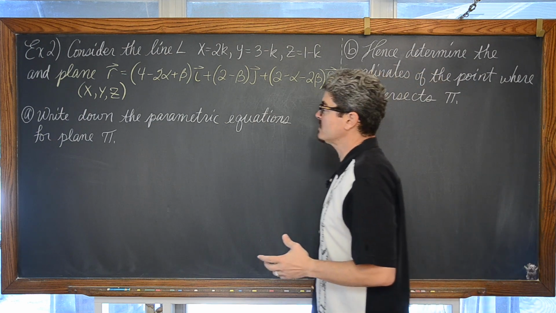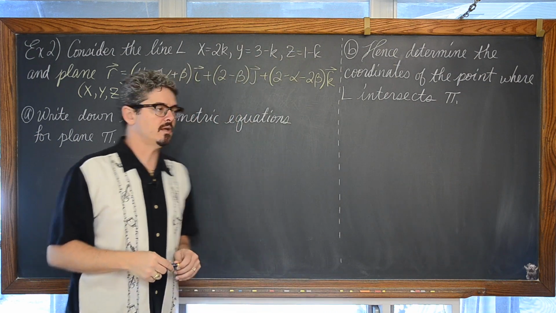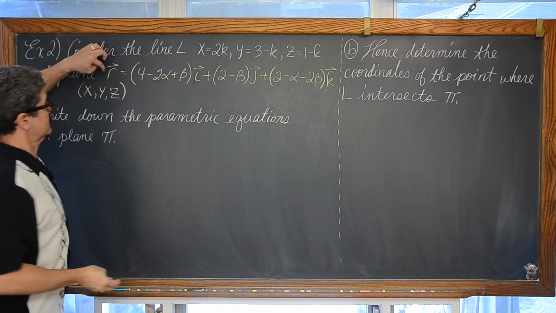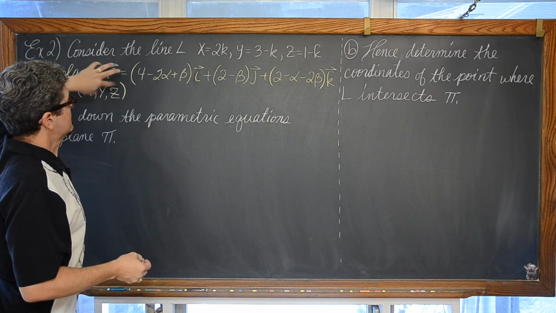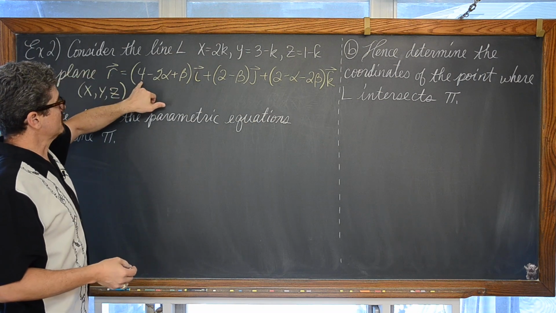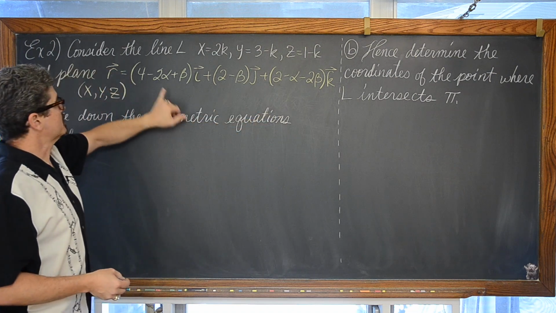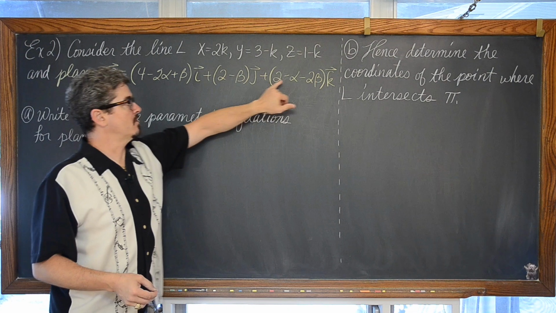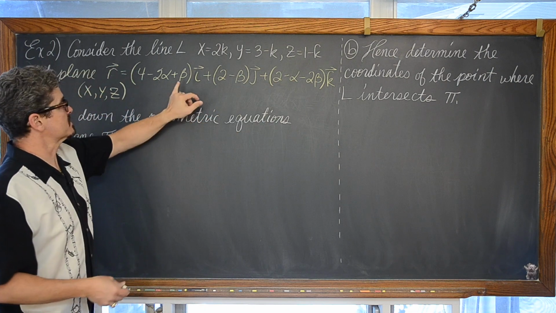Okay, so how are we going to do that? This is kind of a funky way of writing the equation of our plane in vector form. So what I'm going to do is remind us that vector r is a position vector for a general point in the plane, and pull out some constants. We're looking at some coefficients of alpha. Here we have negative 2, 0, and negative 1, and we have some coefficients of beta.